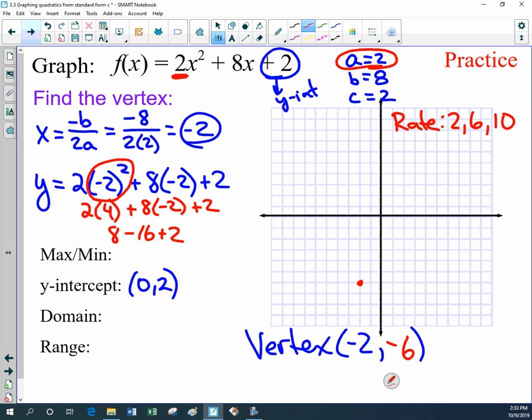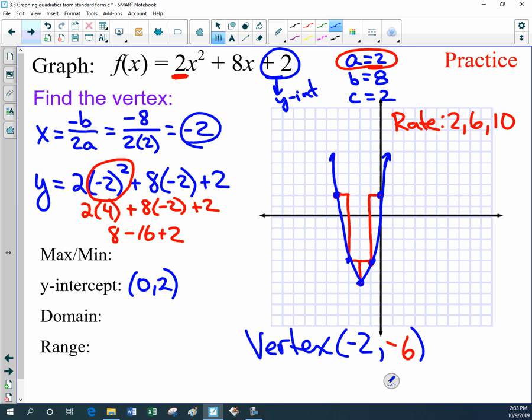From the vertex, up 2 over 1. Up 1, 2, 3, 4, 5, 6 over 1. Do the same thing on each side: up 2 over 1, up 6 over 1. Then if we were to keep going, it would be up 10 and over 1. Now use these points to sketch your graph. So here is our parabola.